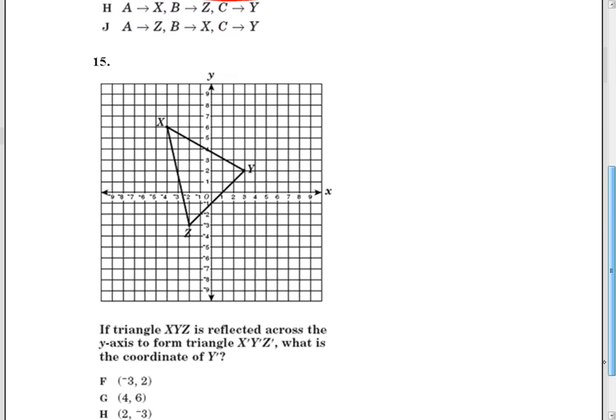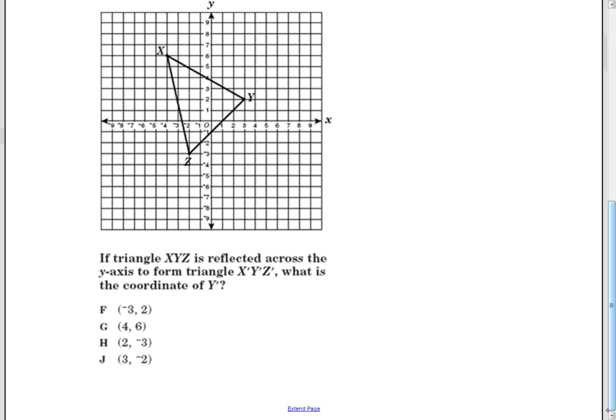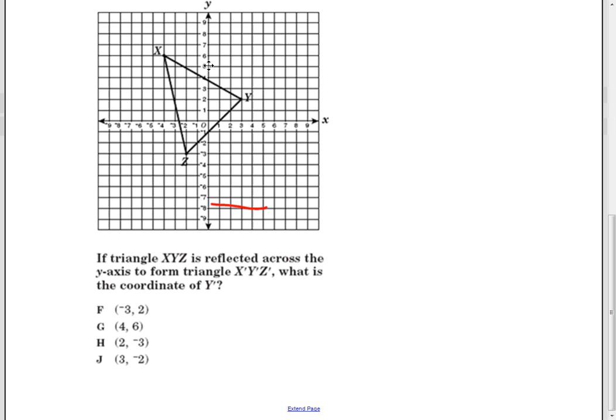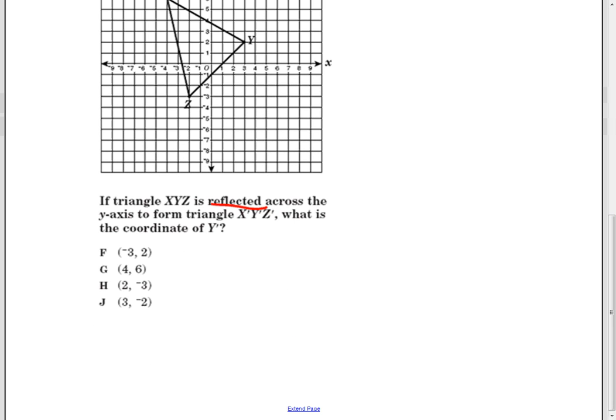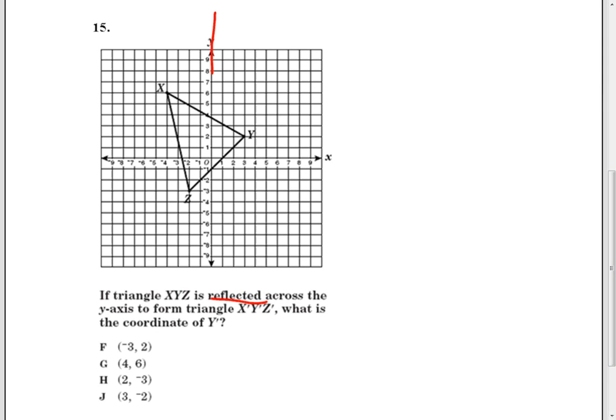And last one. That's a lot. Reflection across the y-axis. If the reflecting line goes through the object, then you're going to have overlap.